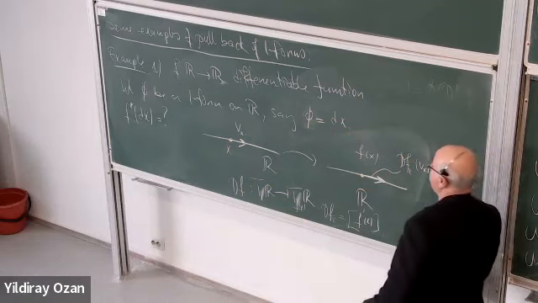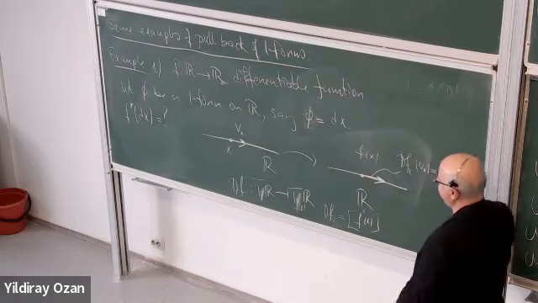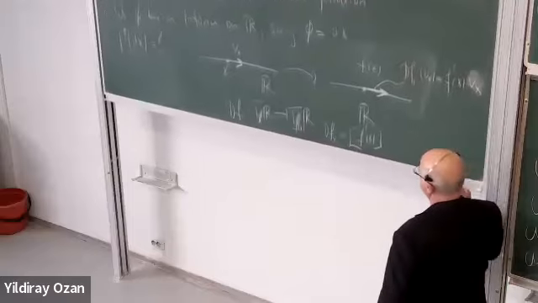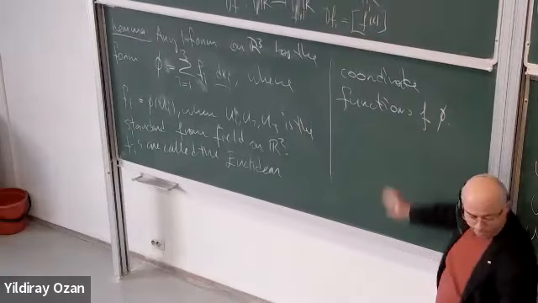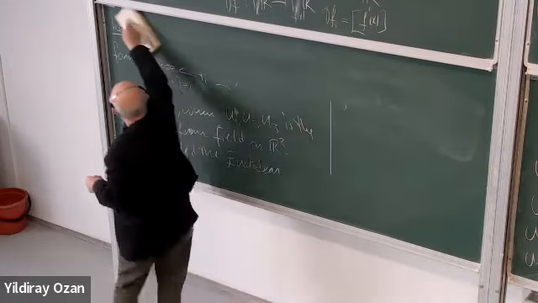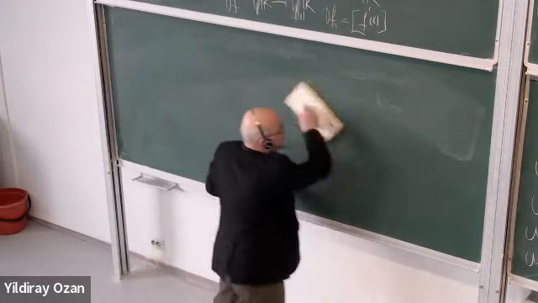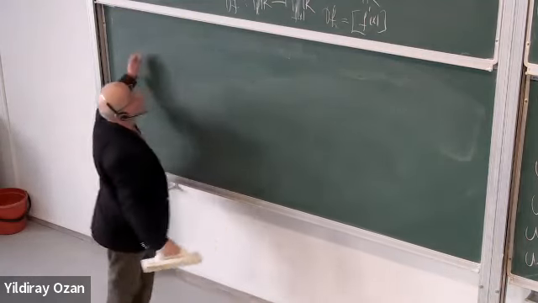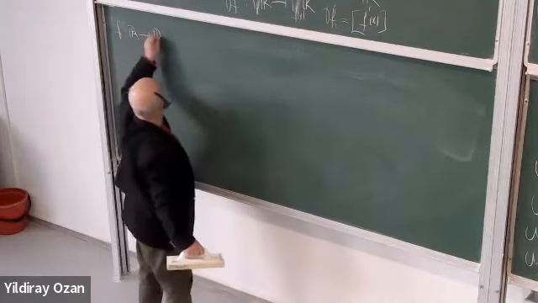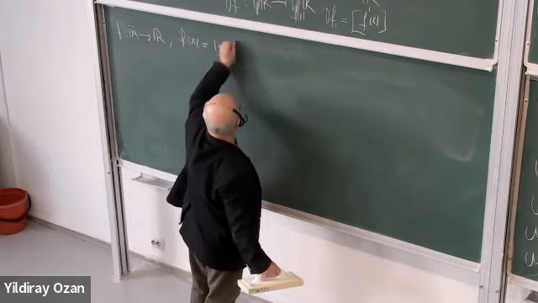Okay, let me explain this on a more specific example. Let's say f is just given by this rule, f of x equals 1 plus x squared.